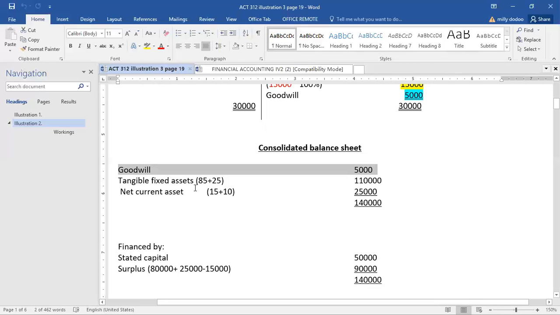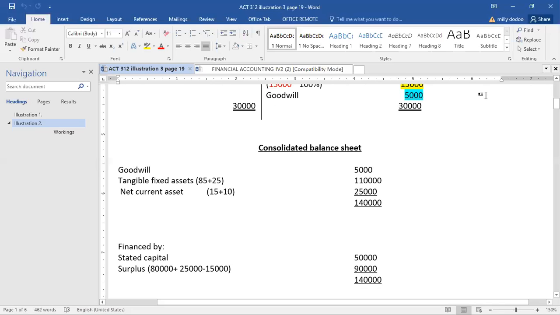So tangible fixed asset, you add the two. Net current asset, you add the two. Then you say financed by stated capital. Then you bring that of only H. Then surplus, you add that of H, 80,000, then S's own is 25,000.